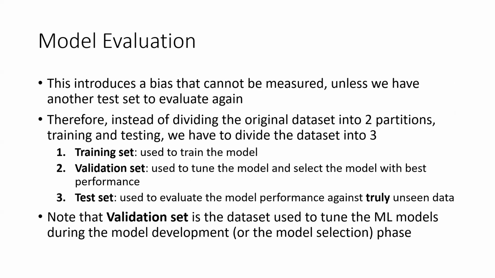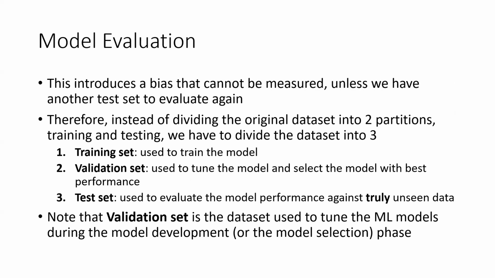So if we want to avoid this overfitting that happens on the test set, we have to find another way. This is a bias that is there in the test set.